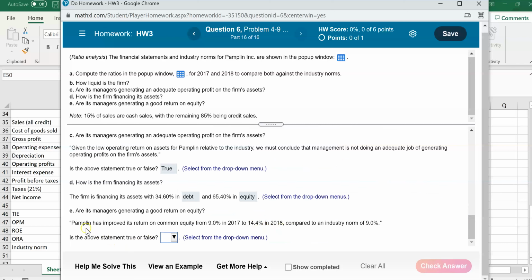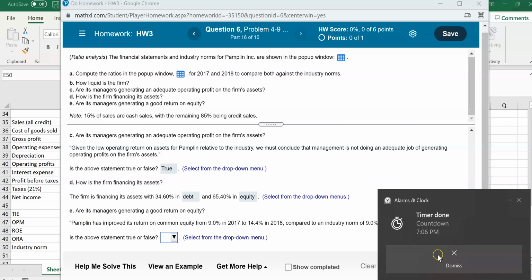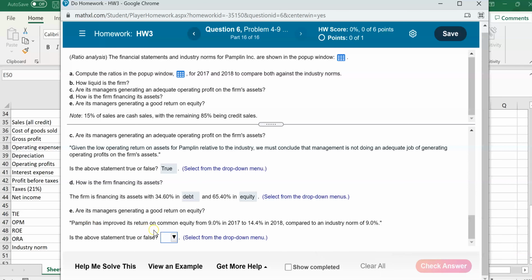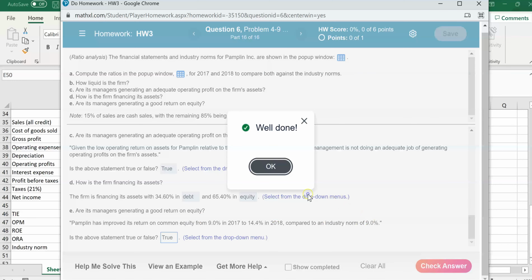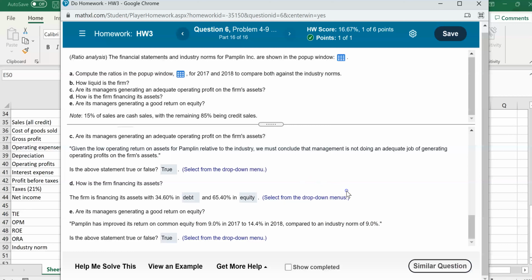The statement here is that Papling has improved its return on common equity to 14.4% compared to the industry norm, so this is true. Check our answer. Okay, we are done with this question.